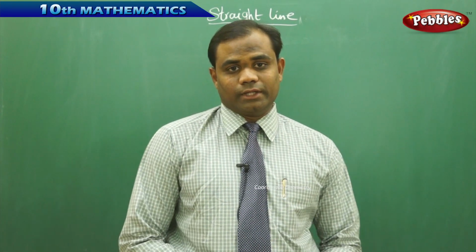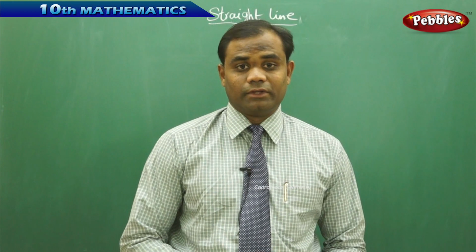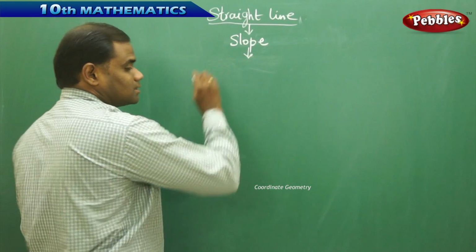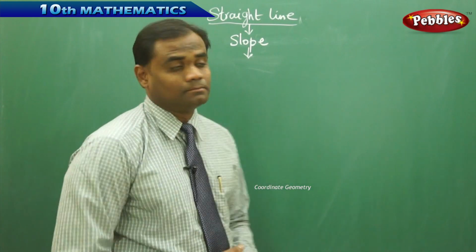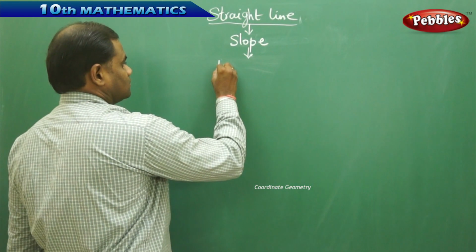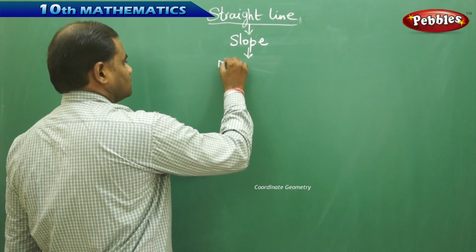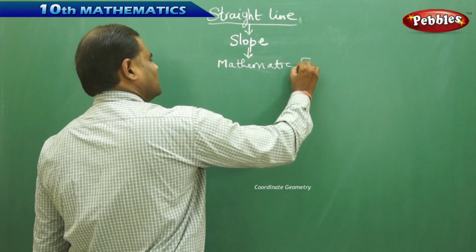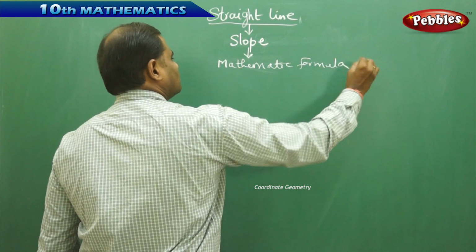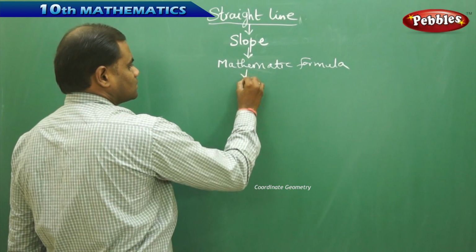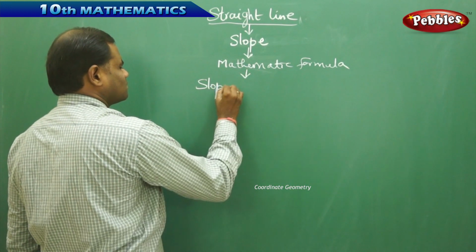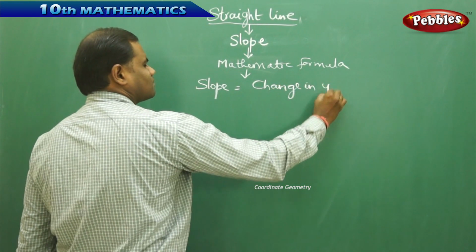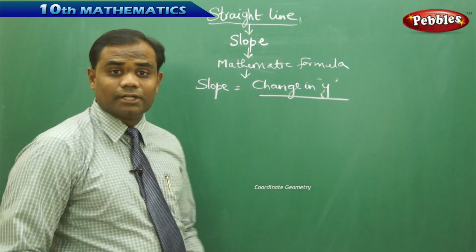So hence, with the concept of slope understood with respect to a slider, in this case we mathematically derive the formula for a slope. So we have a mathematical formula for a slope defined as change in y by change in x.